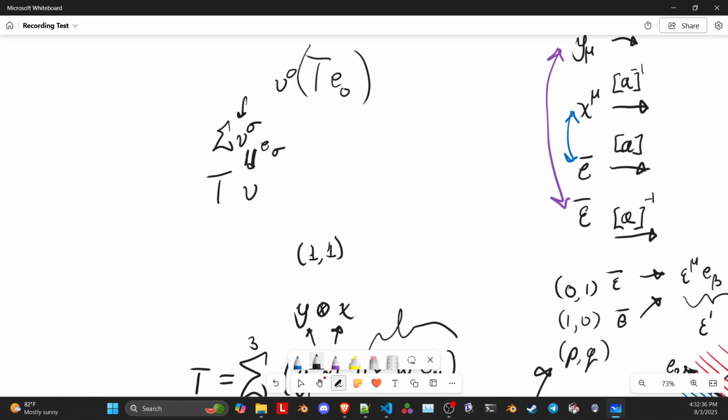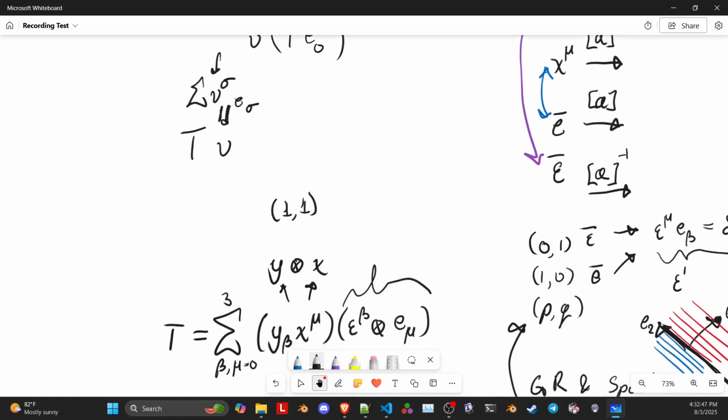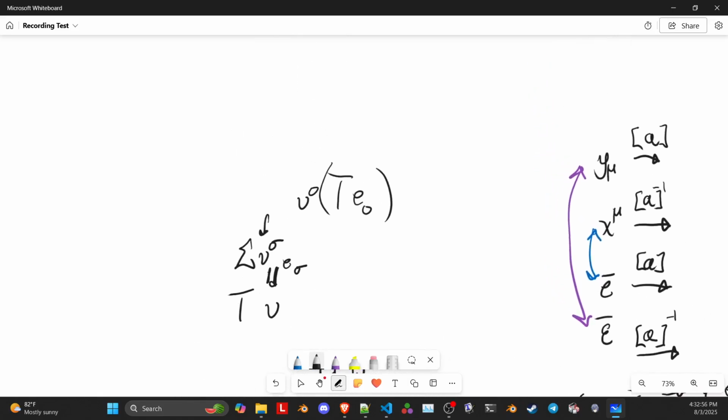Now what is this? If we can describe what T E0 is, we can do it for T E1, E2, and E3, and extract what our overall object is. And you'll see the pattern. If you define something in a basis and you define a transformation in a basis, you define the entire thing. So all we have to do is explain how a 1-1 tensor acts on a basis vector.